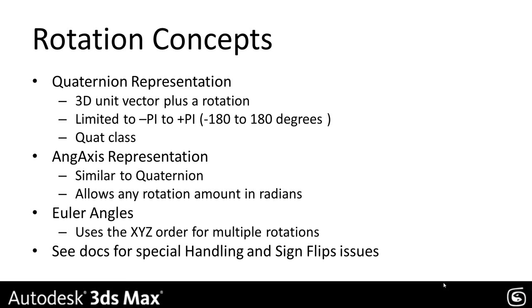It is similar to the quaternion, but this one allows any rotation amount in radians directly. And then finally there are Euler angles, which use the XYZ order for multiple rotations. There's special handling and sign flipping issues. For example, with the quaternion you're working from minus to positive 180 degrees, so the sign can flip, and there can be some weird things. There's a section in the docs that I would encourage you to take a look at for those edge cases and special handling requirements.